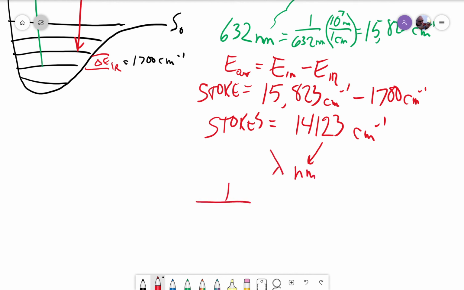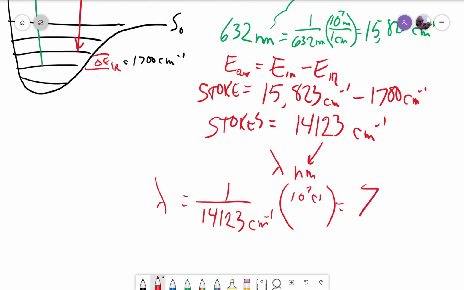All we have to do is take the reciprocal of 14,123 reciprocal centimeters, to get us to a wavelength in centimeters, and then once again convert to nanometers, and this would give us 708 nanometers.